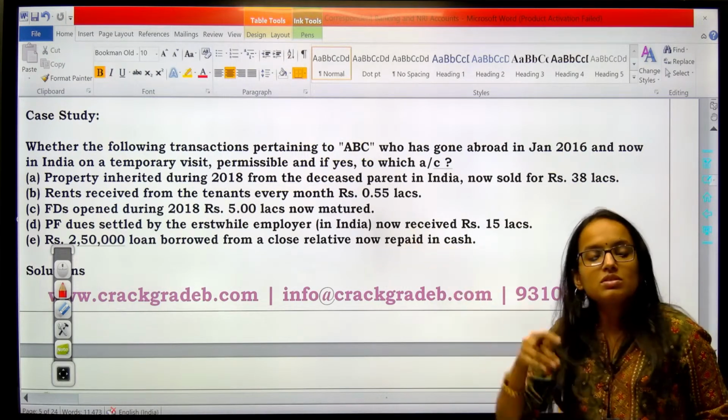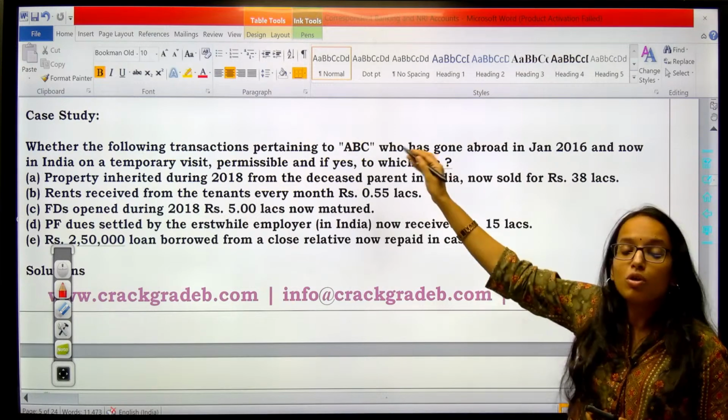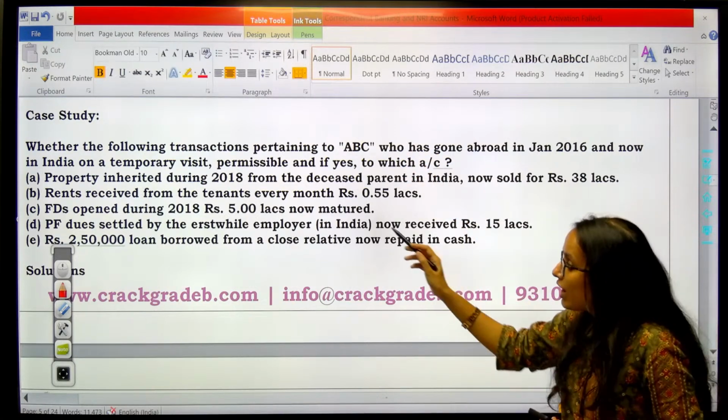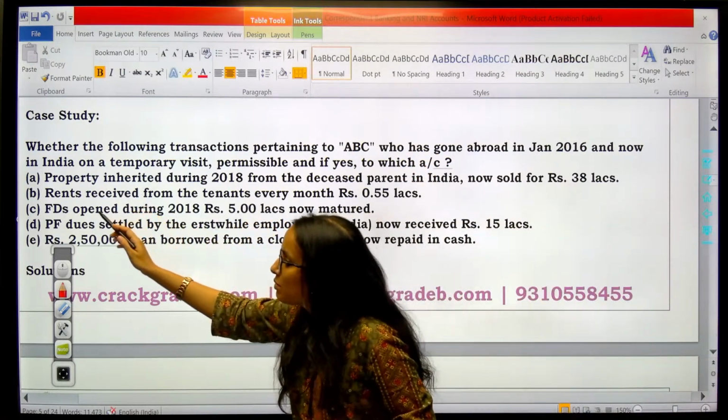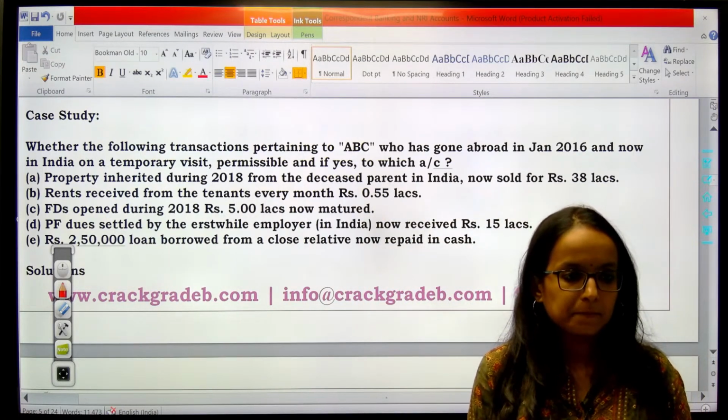So which transactions can be done, which account they will require. You need to remember each and every clause we discussed in the NRE account to answer these questions separately, A, B, C, D, E, in these kinds of case study based questions.